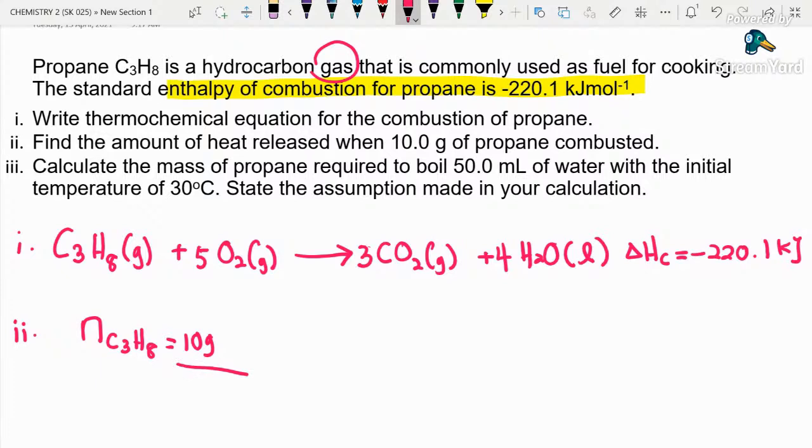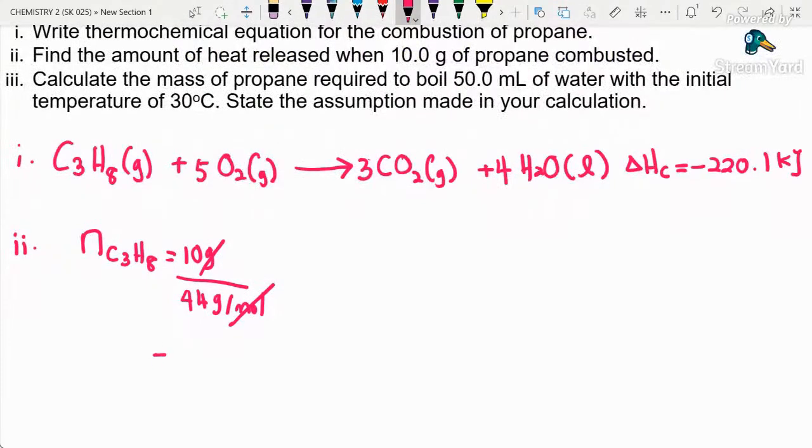I get 44. 12 darab 3 tambah 8, 44. Okay, and then you can get the number of mole, which is 0.227 mole of propane.